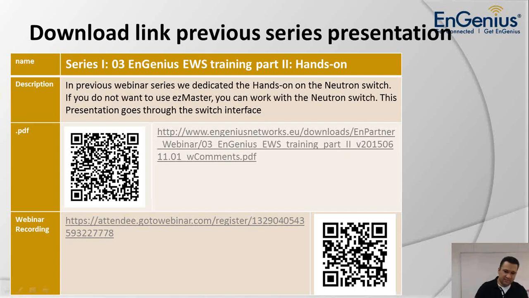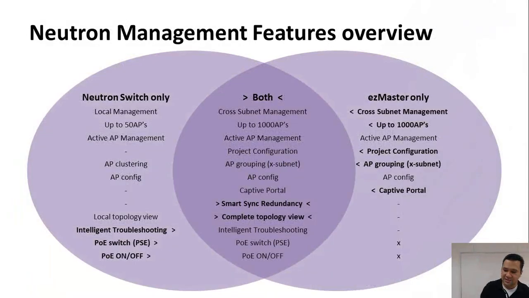But maybe I can do another summary again, going back to previous slides, because this is one of the most important slides if we talk about our EasyMaster. If you use our current final stage of the Neutron Switch, you have the capability of managing 50 access points in a local place.